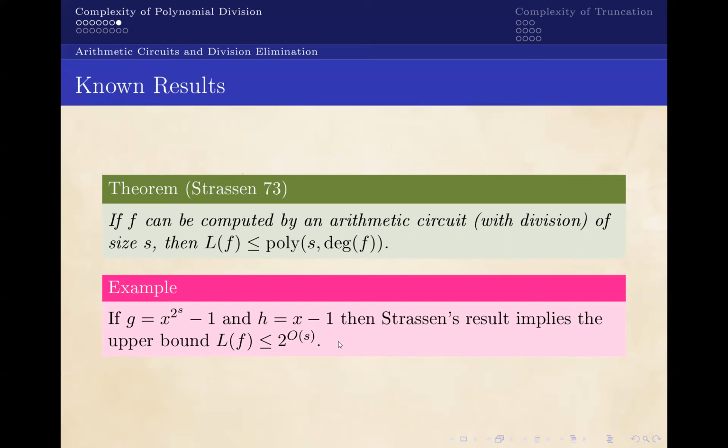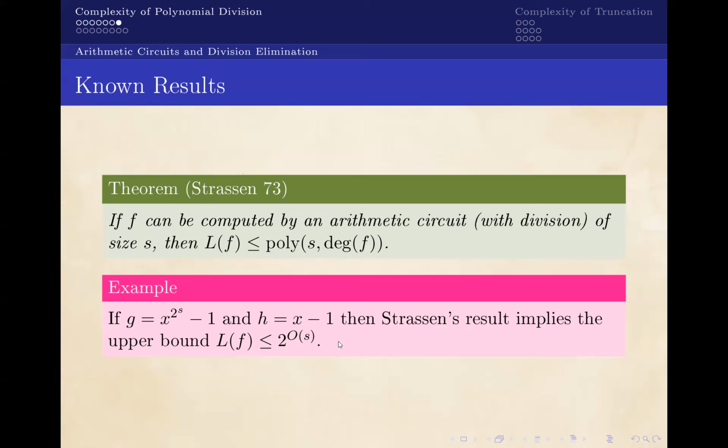But then Strassen says that you don't need to worry, you can remove this division by paying a poly of the degree of F circuit blow up. In the case of determinant and every low degree polynomial, this blow up is not too large, so you are fine. But it might happen that the degree of F is large, and then Strassen would give you an exponential upper bound.